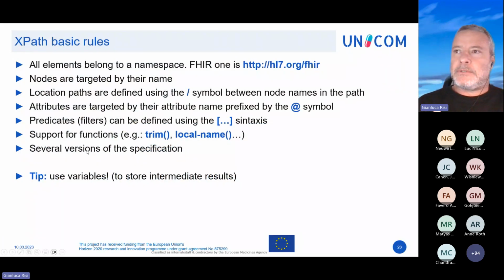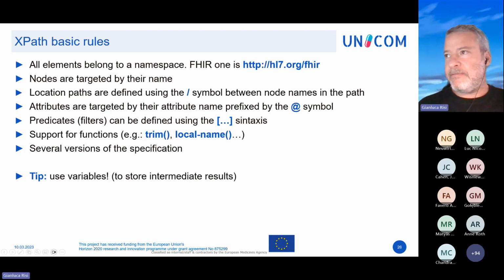So to start, some basic XPath rules. XPath is a querying language that allows us to extract data from an XML document and read that data. It is not meant to be used to change the XML content, but only to read it. In XPath, all the elements belong to a namespace.